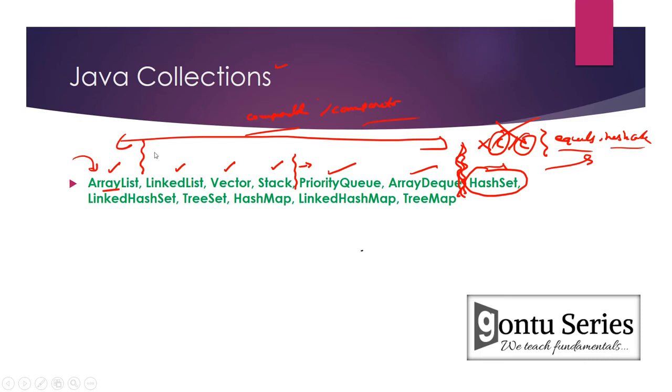LinkedList uses a doubly linked list behind the scenes. Vector uses an array. Stack uses an array. Alright. And PriorityQueue also makes use of an array behind the scenes. ArrayDeque also makes use of an array behind the scenes. And HashSet makes use of an array and a linked list together.